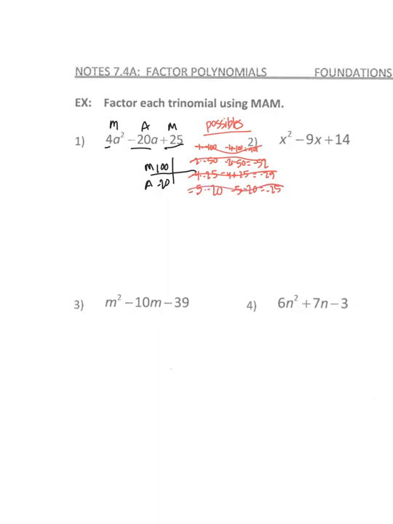Nope. Let's see, 6. Nope, 7 does not go in. 8. 9 does not. 10 does. If we had negative 10 times negative 10, that would give us 100, and negative 10 plus negative 10 gives me negative 20. So those are the two I'm looking for, negative 10 and negative 10.